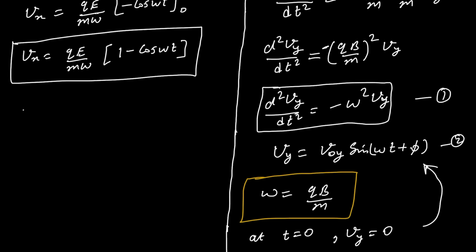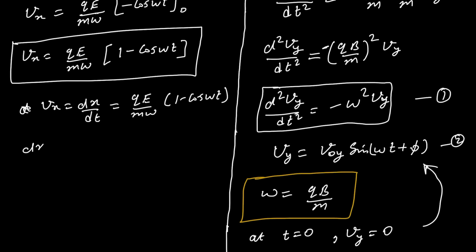So for this Vx, we can write dx by dt. Since Vx is dx by dt, which is basically QE by m omega into (1 minus cos omega t), this dx will be QE by m omega (1 minus cos omega t) dt.